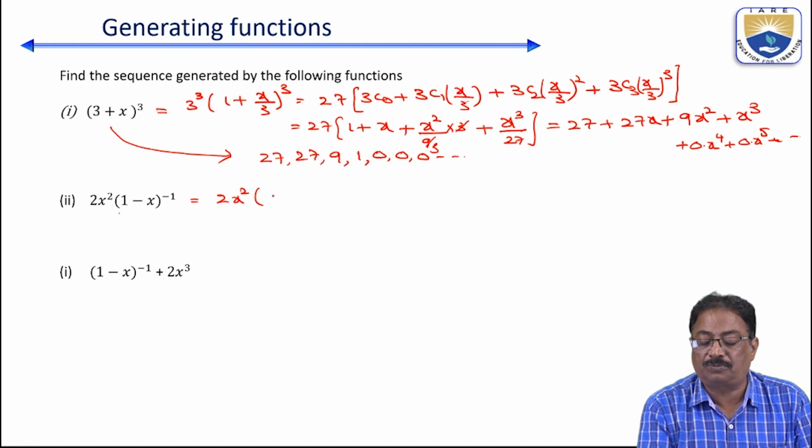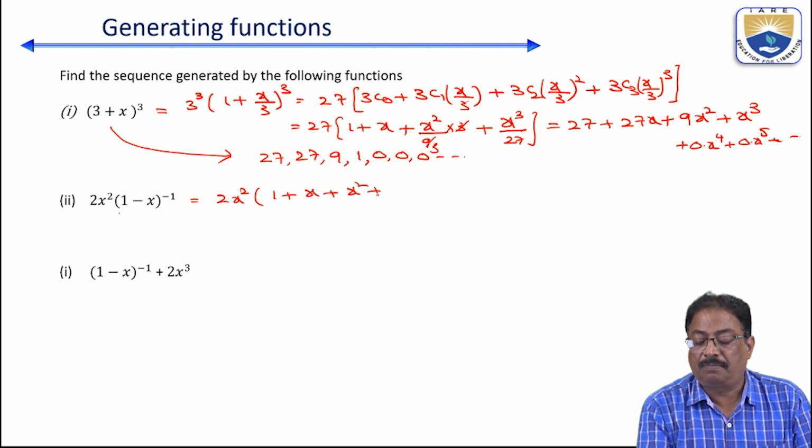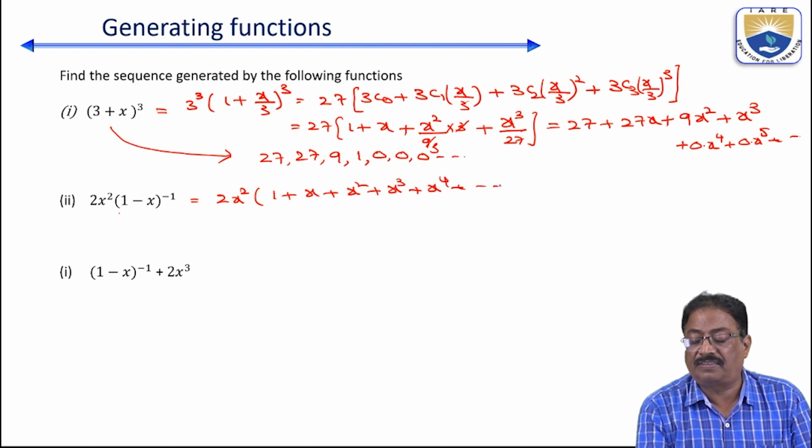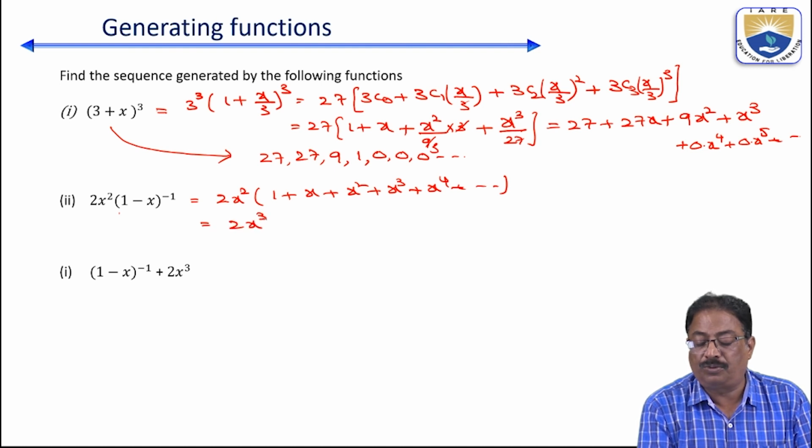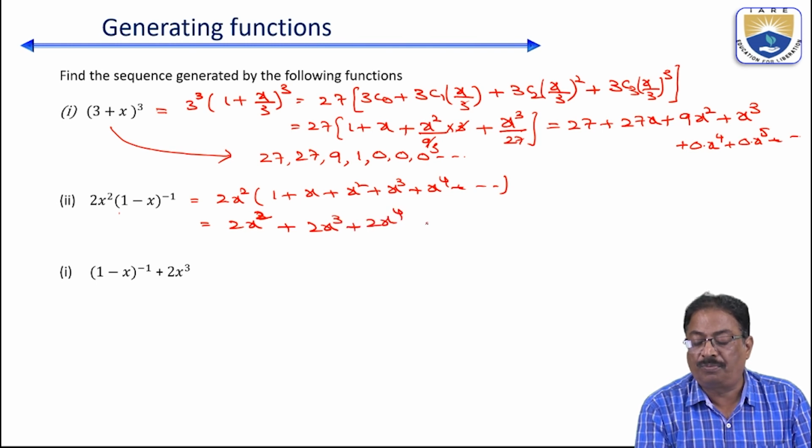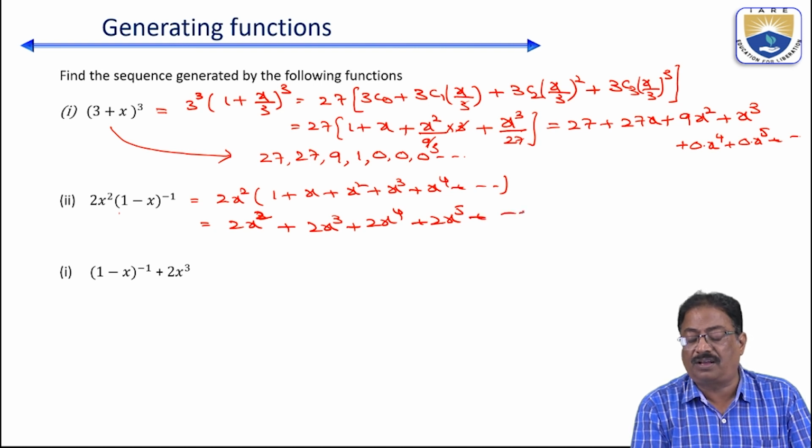I am going to expand this: 1 plus x square plus x cubed plus x power 4 plus and so on. Then this will become 2x square plus 2x cubed plus 2x power 4 plus 2x power 5 plus and so on. What is the constant coefficient?